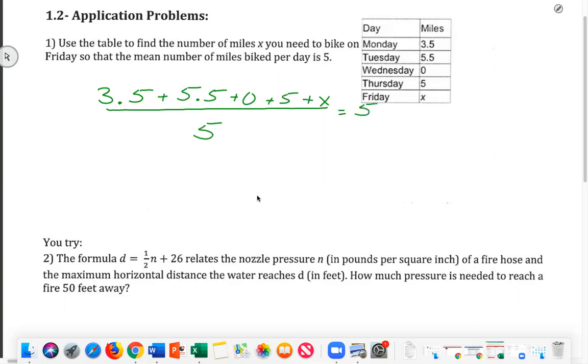Now, what's 3.5 plus 5.5? Try and do it without a calculator. 9 plus 0 plus 5. So this becomes 14 plus x over 5 equals 5.